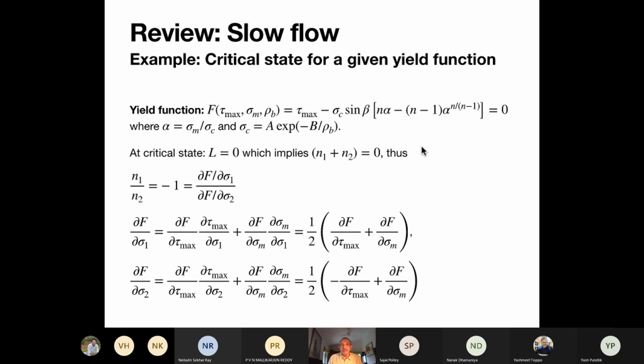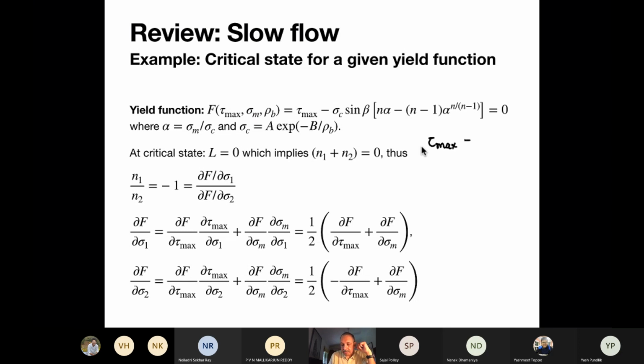So we wanted to look at one example of how to find the critical state. And this is what we did last time: supposing we are given a function like this, that f is equal to 0 in terms of tau max and sigma m. Now we know tau max and sigma m are directly related to the principal components sigma 1 and sigma 2.